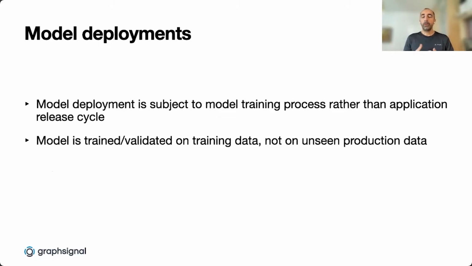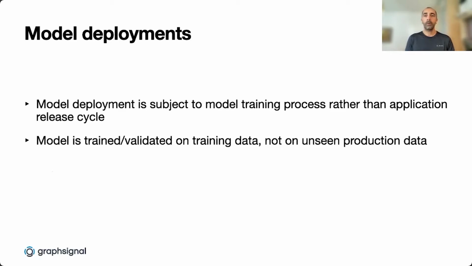Model deployment is another dimension to consider. Usually, model deployment is subject to the model training process rather than the application release cycle. This may mean that a new version of a model may be deployed without going through an integration cycle, integration testing.